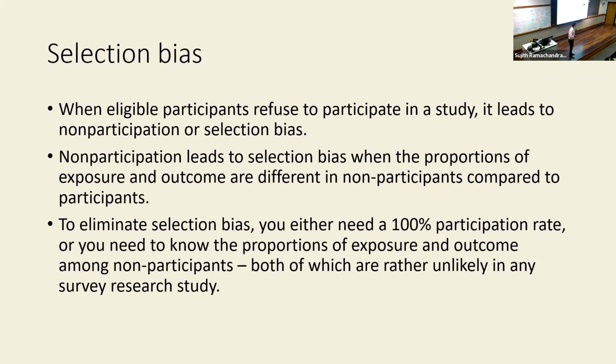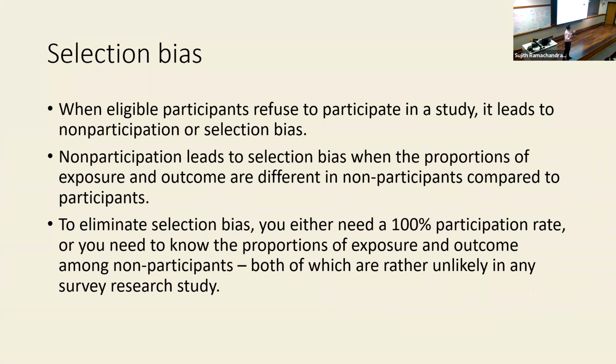When your non-participants or non-responders have proportions of exposure or outcome that are different from your participants, then you will likely have what is called selection bias that you have to account for. The only way to avoid selection bias in a simple survey research study is to make sure you have a 100% participation rate, meaning everybody you invite for the survey actually fills out the survey, or you know the proportions of exposure and outcome, not just in the people that responded to your survey, but also in the people that did not respond.